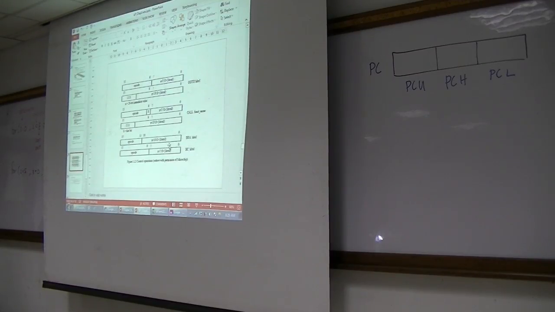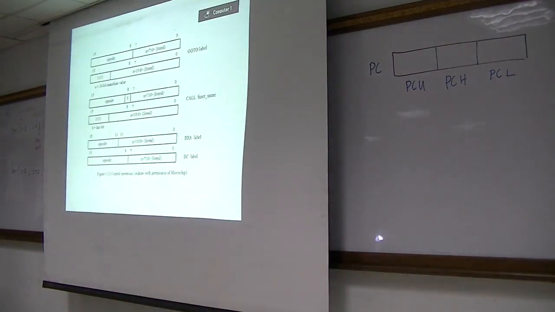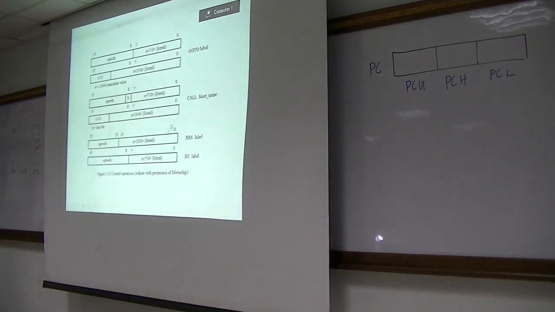This branch instruction has this format. It takes, what is this N? N is actually literal, right? Then you have this opcode. So it has an 11 bit literal.